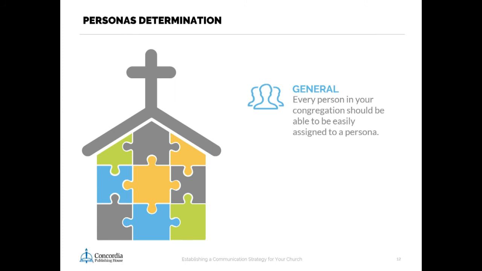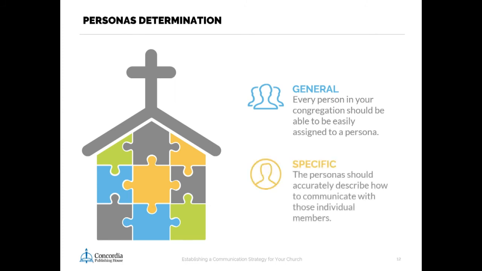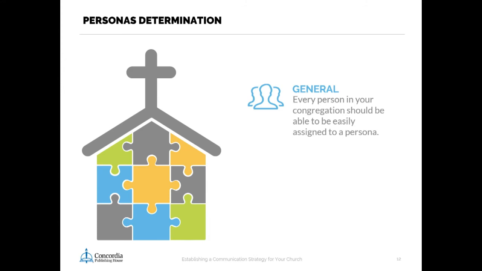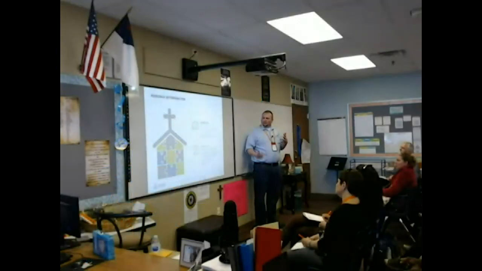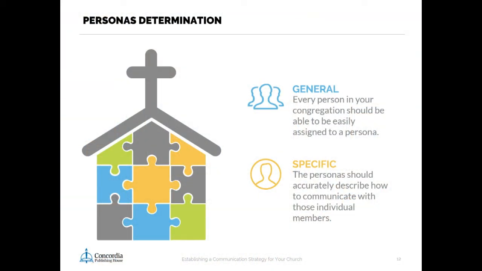But they also should be specific enough that they describe how to communicate with an individual member. You want to be able to wrap your mind around a person in here. And of course, again, it's a fictional person. So does that dichotomy make sense, where your personas should be broad enough to encompass all your members, but specific enough that they can be seen as individual? Getting head nods, so good.